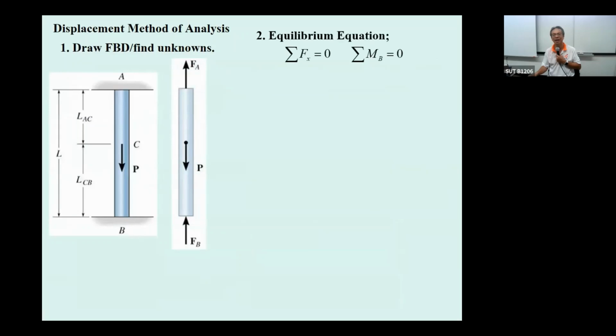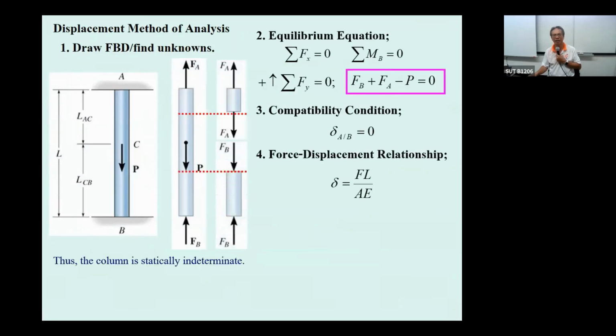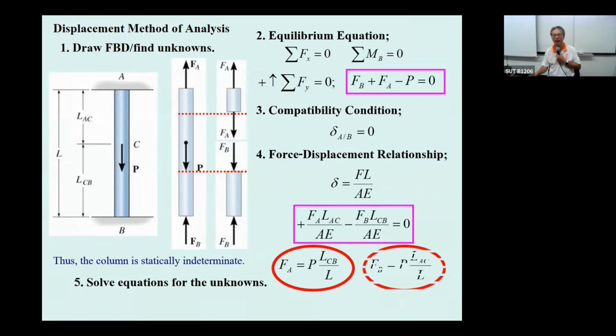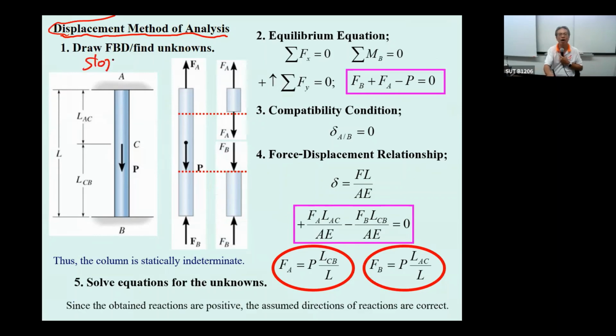And then there are two things. Displacement method, we use displacement as the unknown to solve this kind of problem. This one we have studied in mechanics of materials, and we will use it again in this subject in the chapter of slope deflection method.